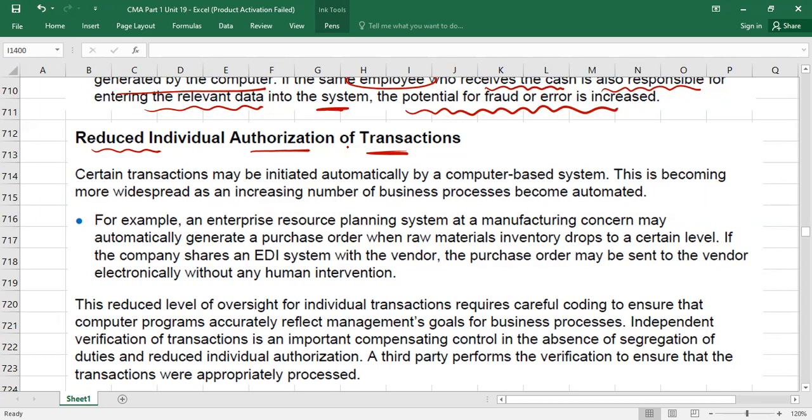The purchasing department will find a supplier and place the order, and then the receiving department will receive the goods, etc. But nowadays, in an automated, computer-based environment, some companies have automated systems, so the system will initiate the order automatically.